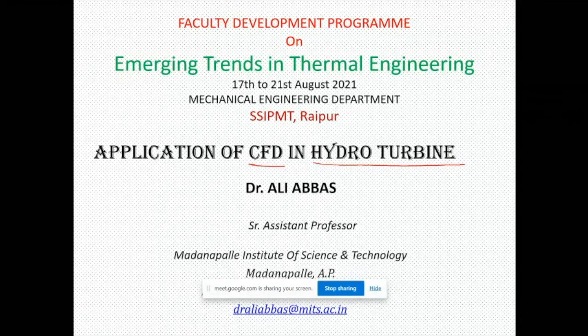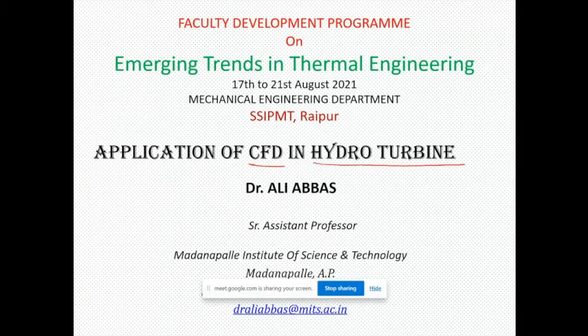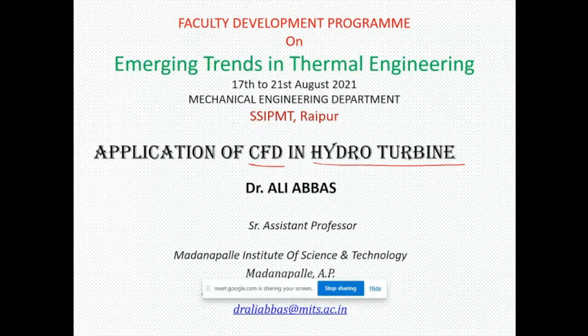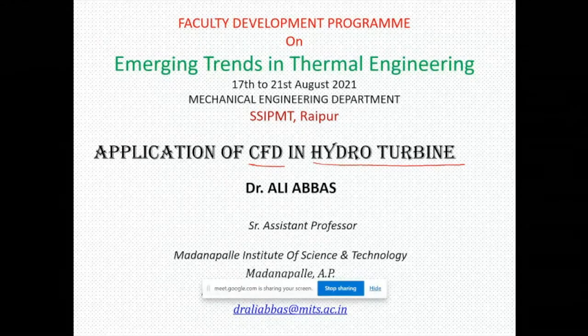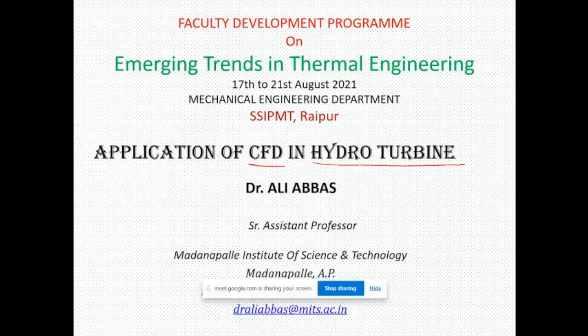In this faculty development program, I have seen that one of the sessions is being taken by an eminent scholar, and the topic is Introduction to CFD. So I think the details of CFD and its mathematical background will be discussed in that session.